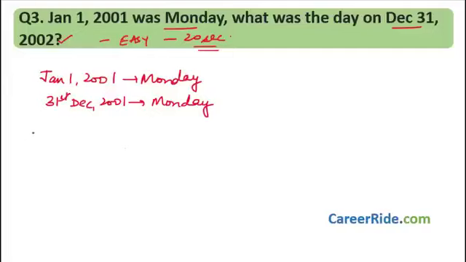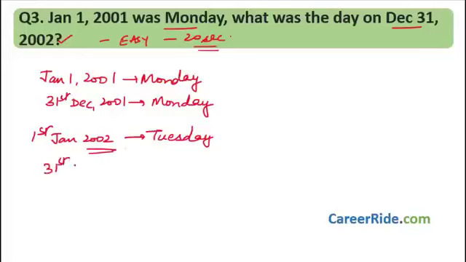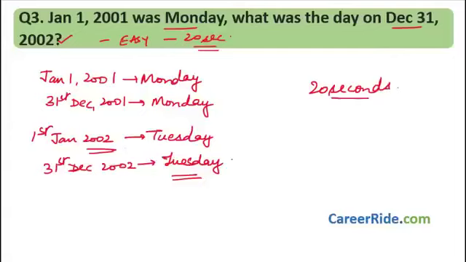Okay, now this tells me that 1st Jan 2002 is going to be a Tuesday. And since 2002 is again a non-leap year, it means 31st of December will fall on the same day, right? So it is again going to be Tuesday. Very, very simple. You can just mark the answer within 20 seconds if you know this basic, right?